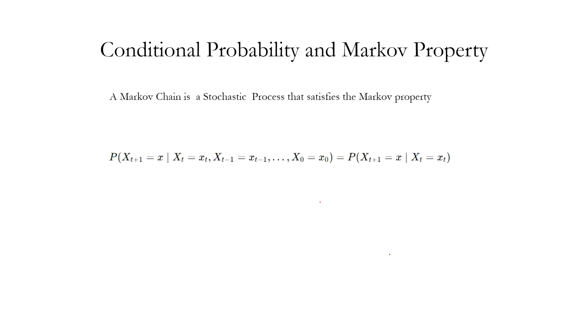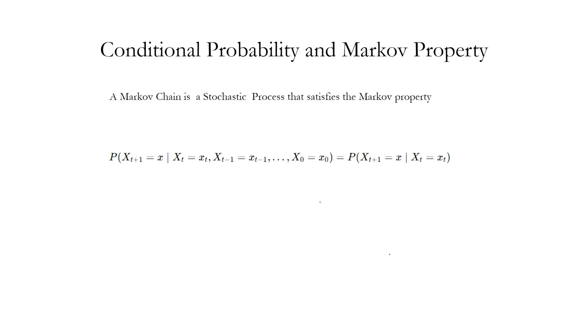Conditional probability and Markov property, how do they relate? So a Markov chain is a stochastic process that satisfies the Markov property. So we've got P(X_{t+1} = x | history), right? The Markov property is basically saying that P(X_{t+1} = x) is just dependent on X_t, right?